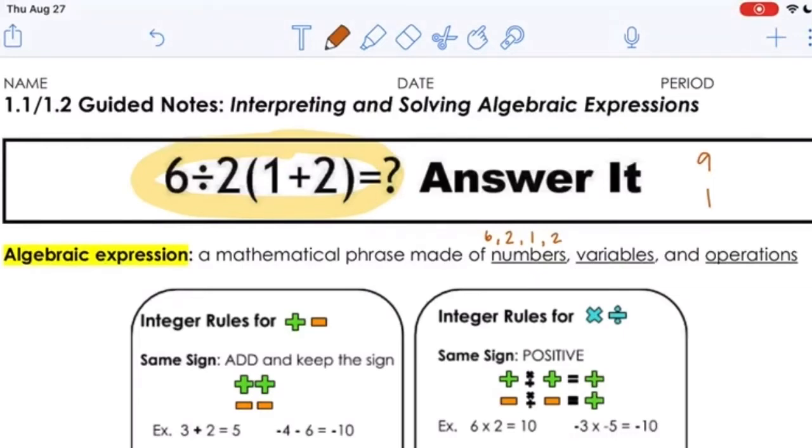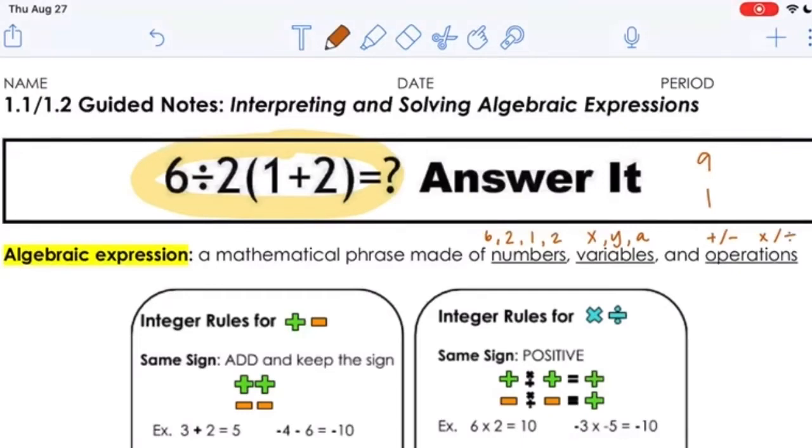So you could see x, sometimes we use y, sometimes we use a. You could use any letter to stand in for an unknown number in an algebraic expression. And then finally we have operations, and the most basic operations are addition, subtraction, and then we have multiplication and division.